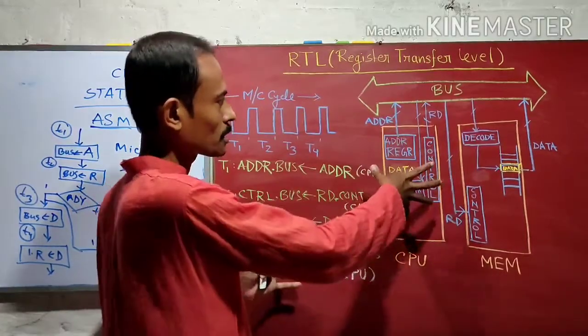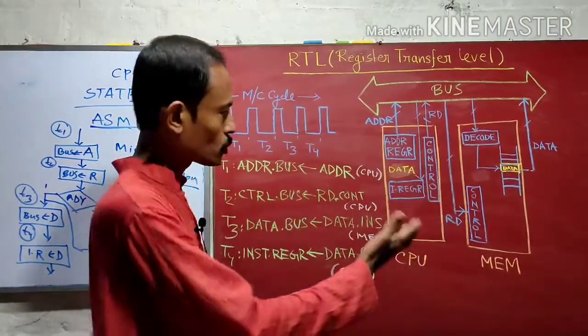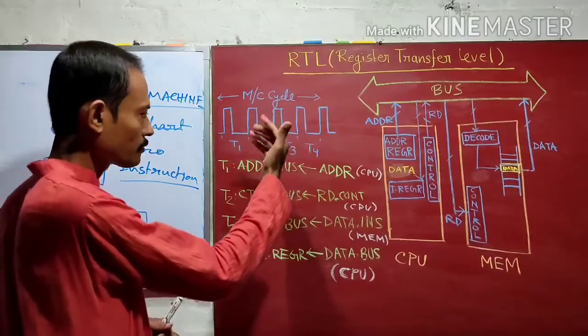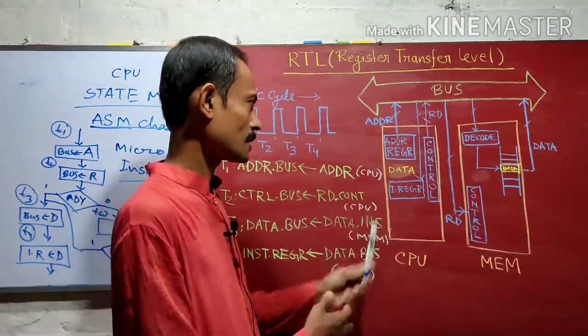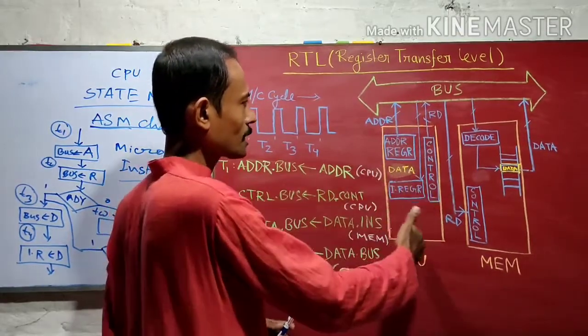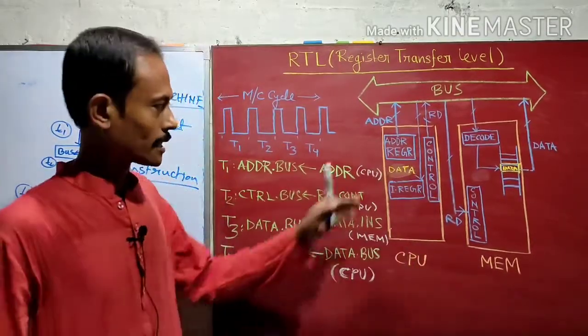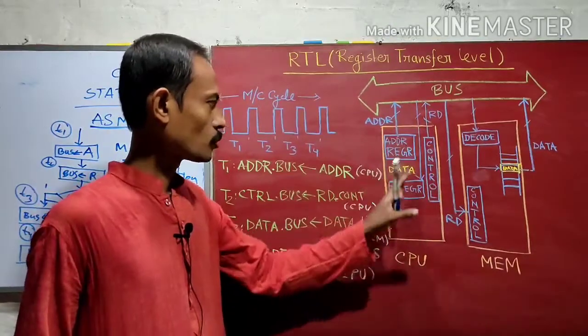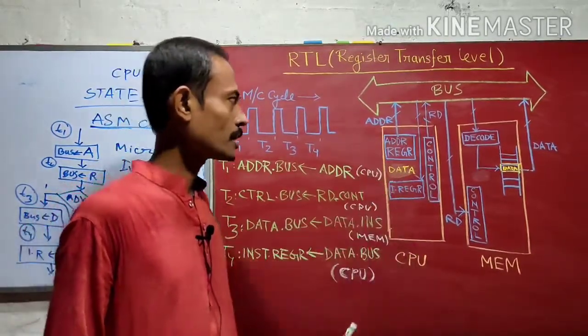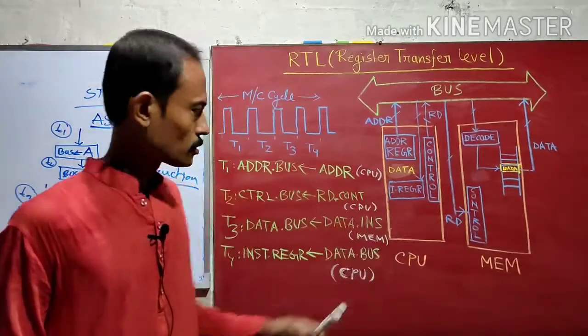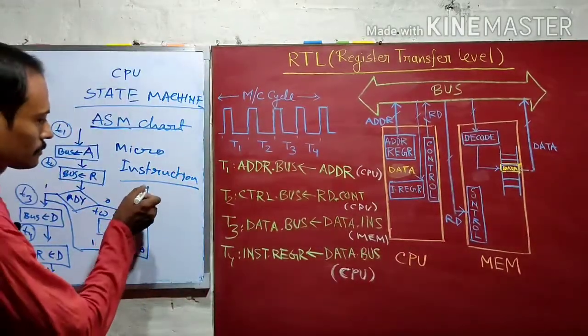We will elaborate this architecture further to understand how the different micro instructions and control signals will be generated. That's why we have to study the data path, that means the whole structure within the CPU, how different registers are there and how they are interconnected. That is called the data path.